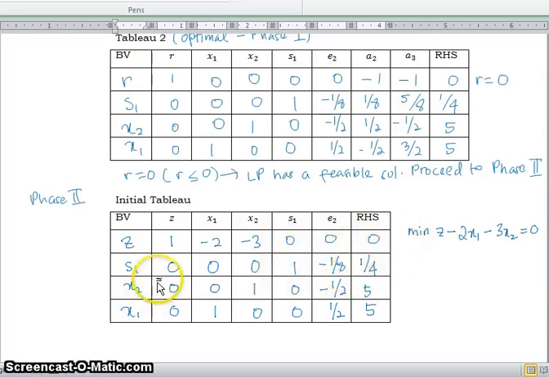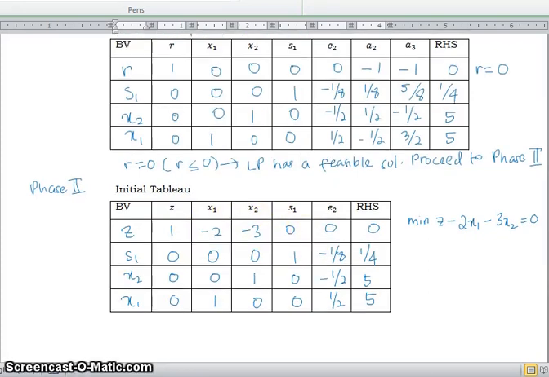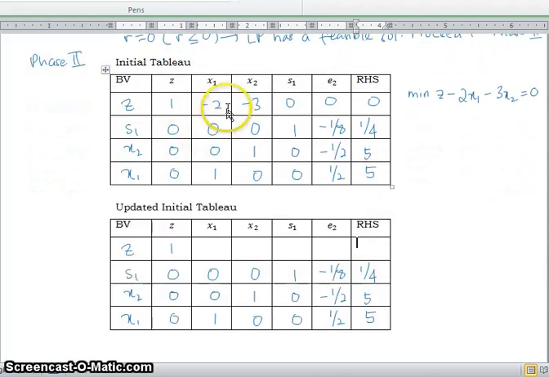Since x2 and x1 are basic variables, they cannot exist in the objective function. Therefore, we need to eliminate these variables from row 0, which means we need to update the initial tableau of phase 2. To eliminate x1 and x2 from row 0, we use this ERO: new row 0 is equal to row 0.